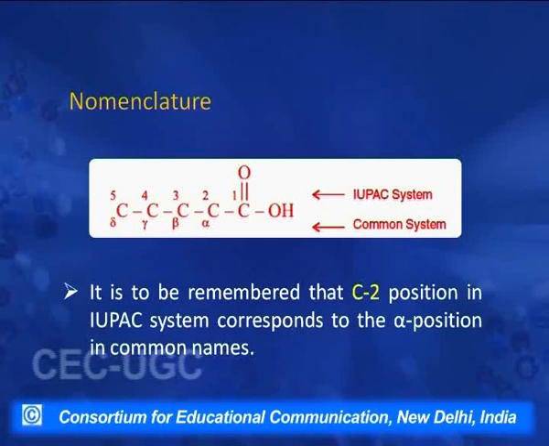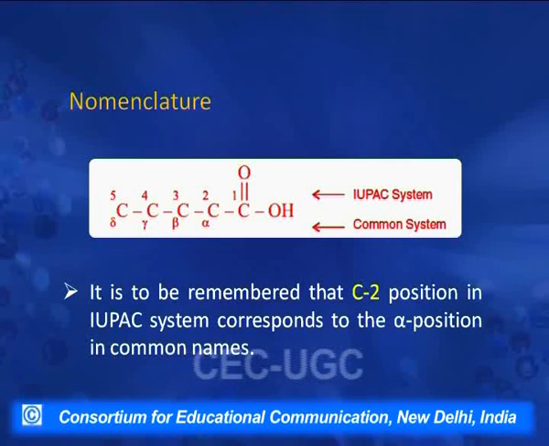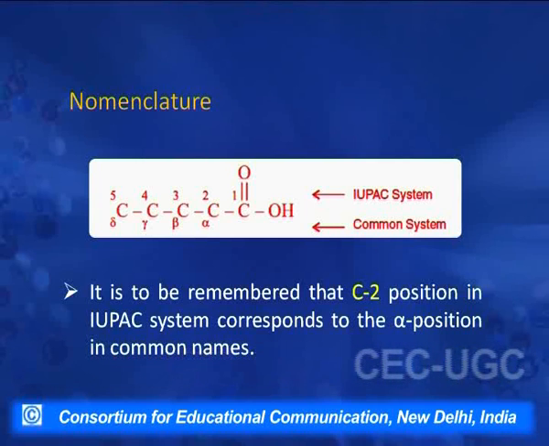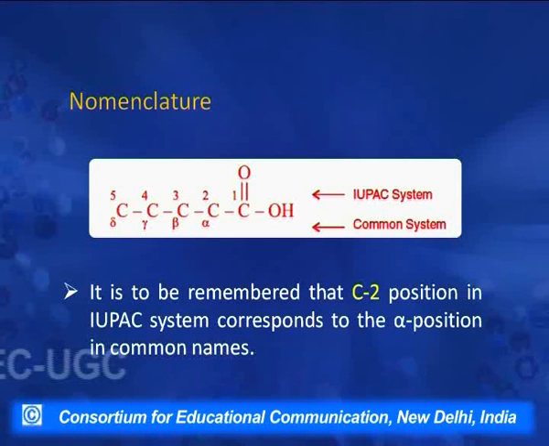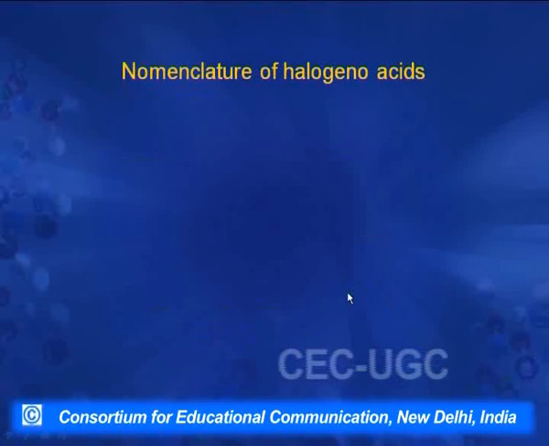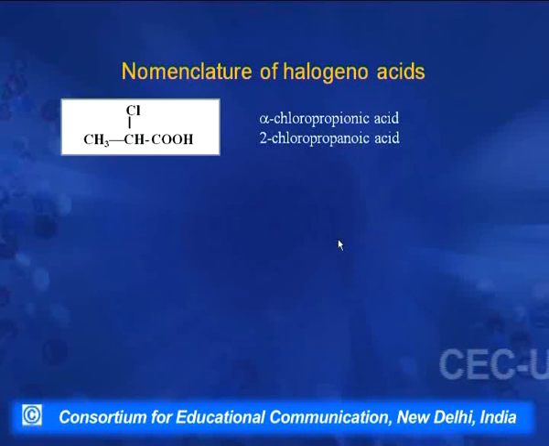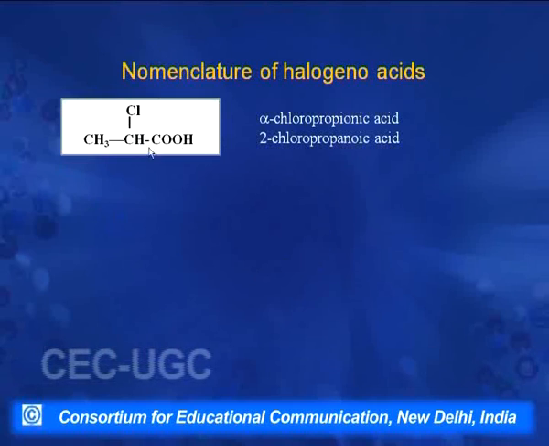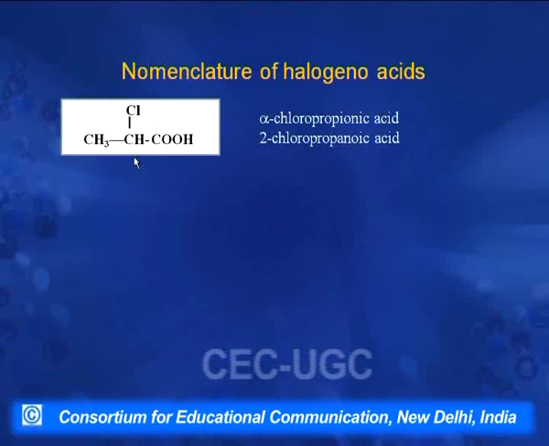We will now take up different examples for this nomenclature, because the basic system of nomenclature we have already discussed in carboxylic acids. But just to revise, we will take some examples with the halogen substituent, and wherever a halogen is there, if some other group comes, it will be named accordingly. This acid has chlorine at this carbon.